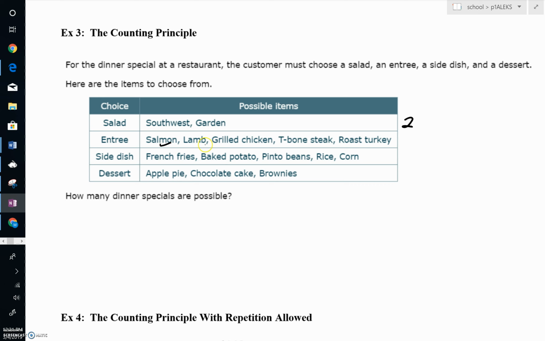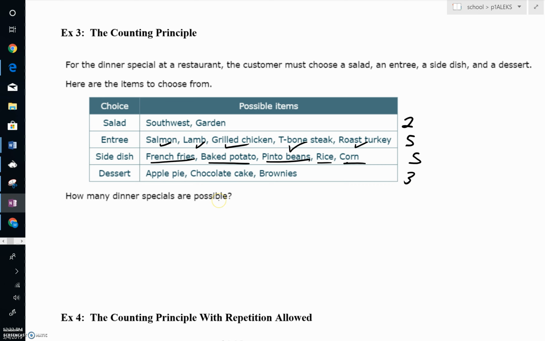For an entree, you could have salmon, lamb, grilled chicken, T-bone steak, or roast turkey. Count those up, you could see we have 5 different choices for the entree. For the side dish, you could have French fries, baked potato, pinto beans, rice, or corn. Once again, there are 5 different items that can be chosen. Finally, for dessert, apple pie, chocolate cake, and brownies, well, that would be 3.